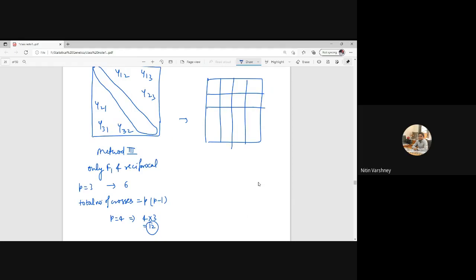I will ignore this line. So 1, 2, 3, 4, 5, 6, 7, 8, 9, 10, 11, 12. Got it? So there will be 12 crosses if we are considering 4 inbred lines. So this is about method 3.